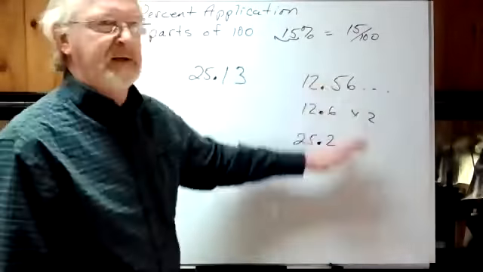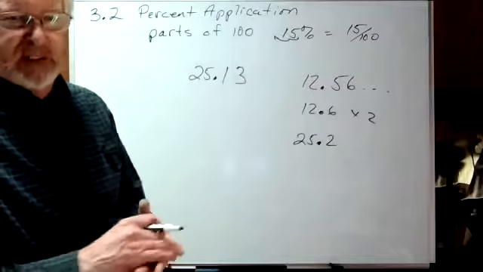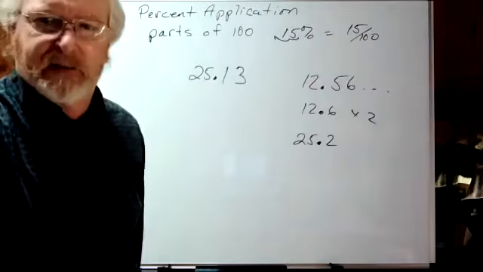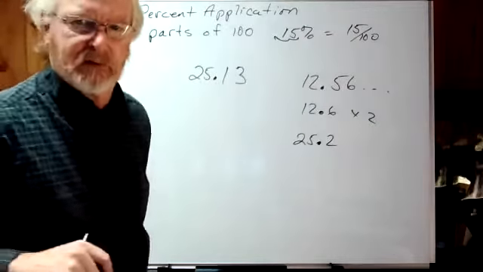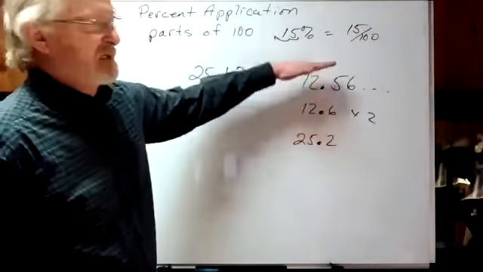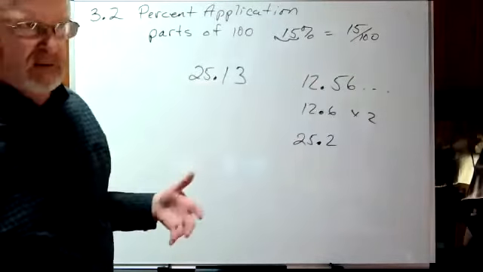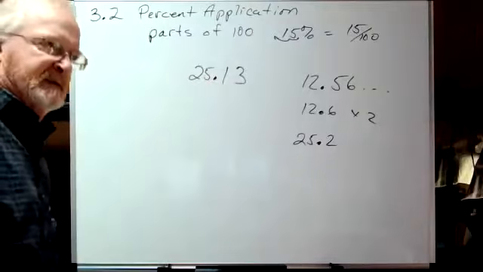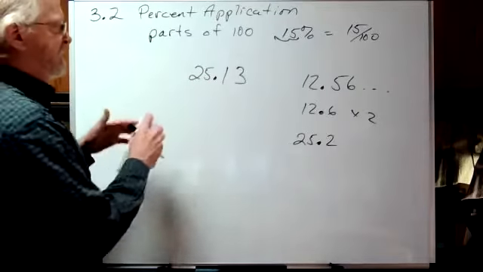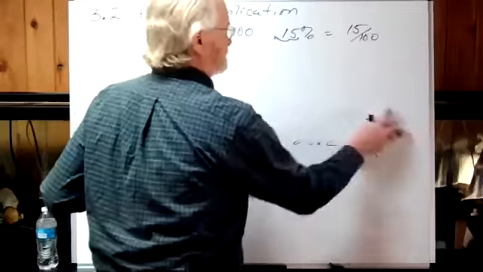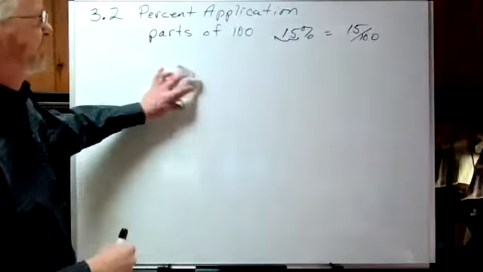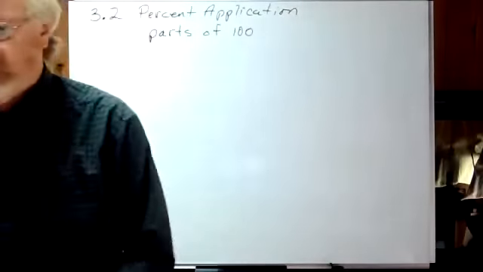You've rounded all the pieces, and so your final answer could often be off a little bit. Try to wait and use as many decimals as possible, especially if you're using your calculator. It'll just keep saving them all up in there. Round at the final step. That's all I was trying to get at. See if you can hold off till the final step to do that rounding. All right, a lot of talk there.